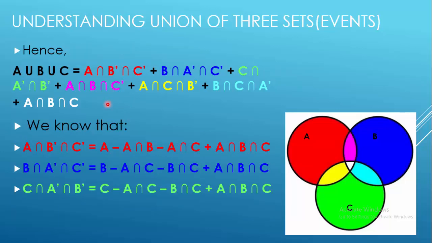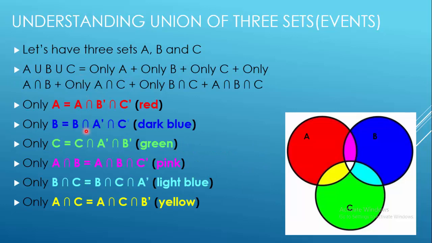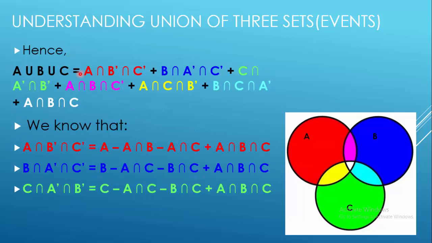Now we have simply replaced the values we have found into this one. We have just plugged in these terms over here. After plugging in the terms, what we get is this term. I'm not going to read this all out. You can pause the video and tally it yourself.